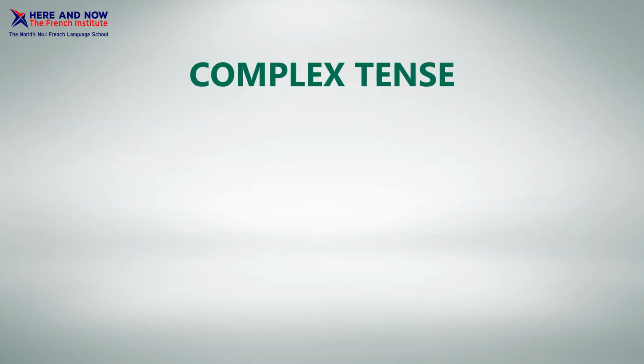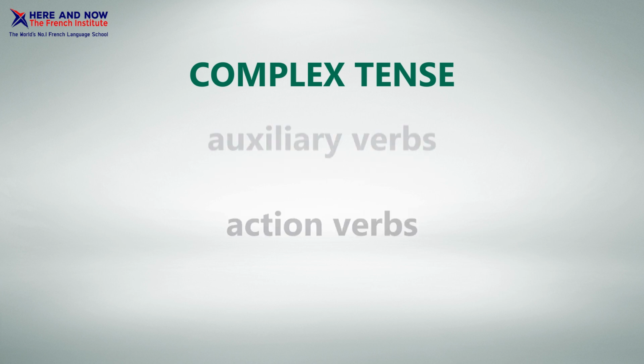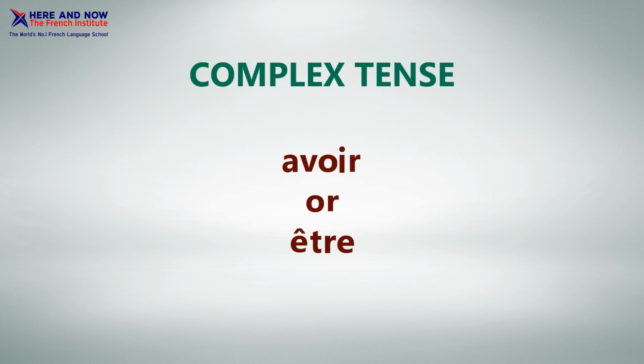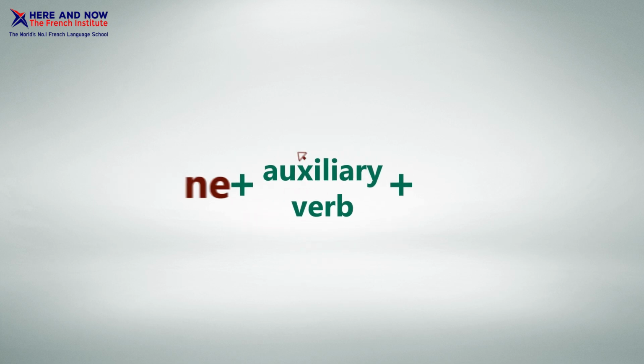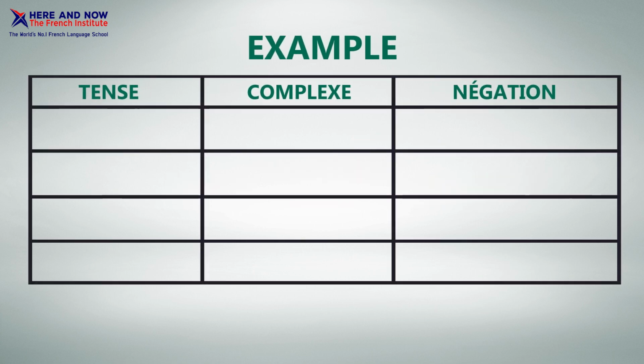And in a complex tense, the sentence consists of 2 verbs, an auxiliary verb and the action verb. The auxiliary verbs are avoir or être. In such cases, ne is placed in front of the auxiliary verb and pas is placed after the auxiliary verb. Examples in complex tenses.